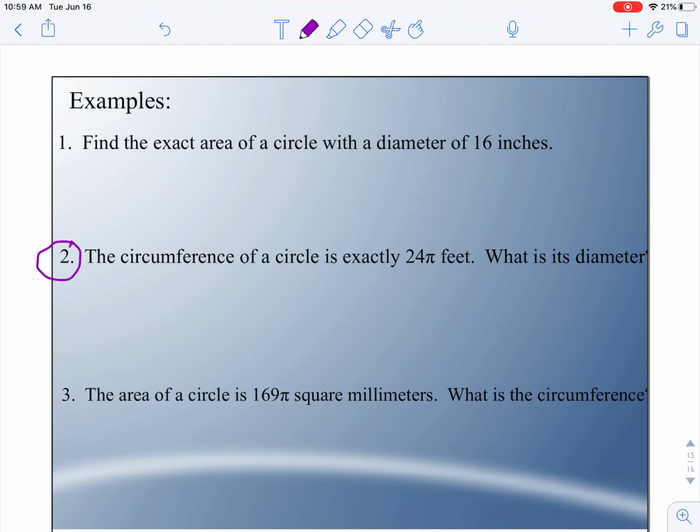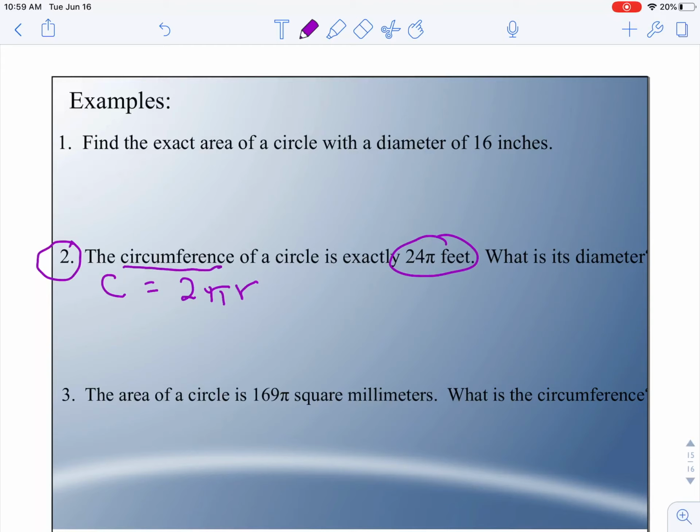So let's look at this one. The circumference of a circle is exactly 24 pi feet. What is its diameter? Well, we know that the circumference formula is pi times the diameter, or 2 pi r. I would probably use the other formula, but we'll go ahead and use this because, from past experience, most students prefer this formula for circumference.